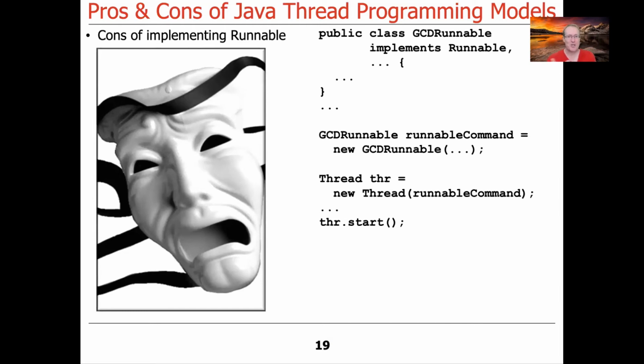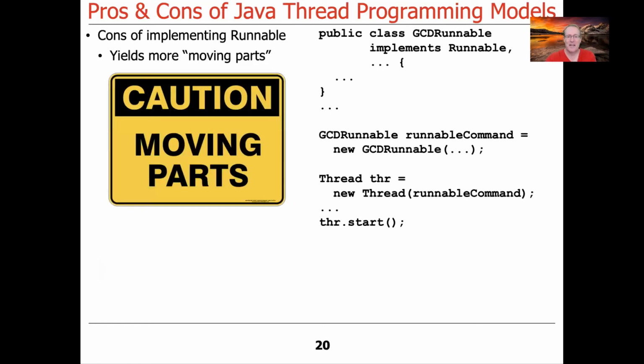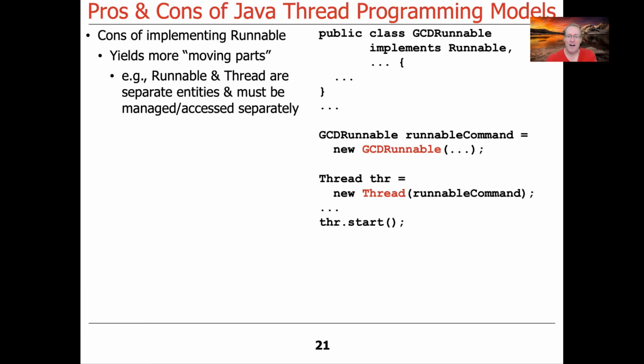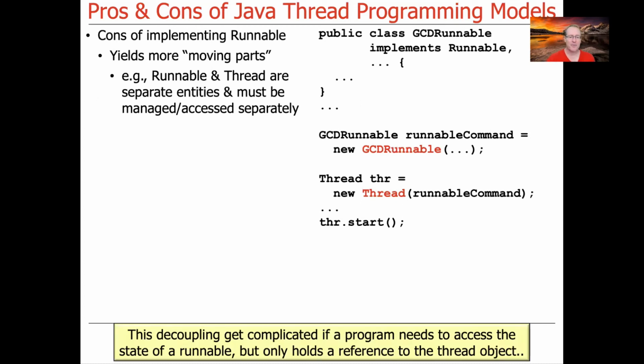Of course, there's cons with implementing Runnable. Just like everything, there's always trade-offs, as you might imagine. And one of the consequences of having the Runnable be implemented separately from extending the Thread is there will be more moving parts. So you have both a Runnable object and you've got a Thread object. And those two entities have to be created and managed and accessed separately because they're two things, not one thing integrated together.